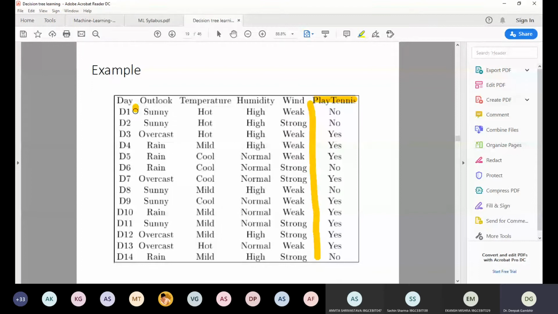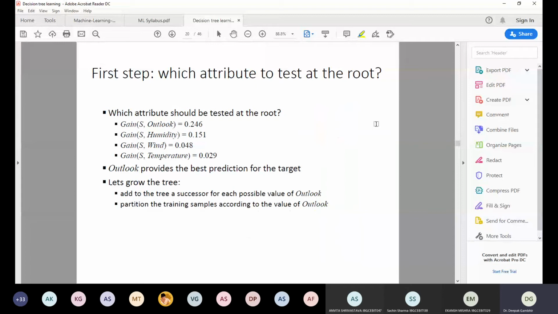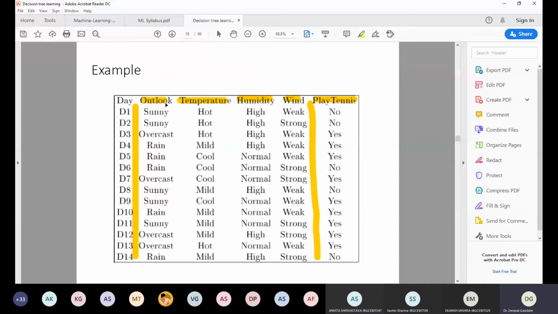Now suppose there are four attributes: outlook, temperature, humidity, and wind. According to the ID3 algorithm, first we have to choose the root node, isn't it? And the root node is chosen out of the four attributes: outlook, temperature, humidity, wind.